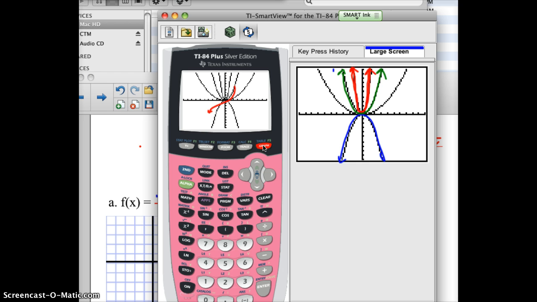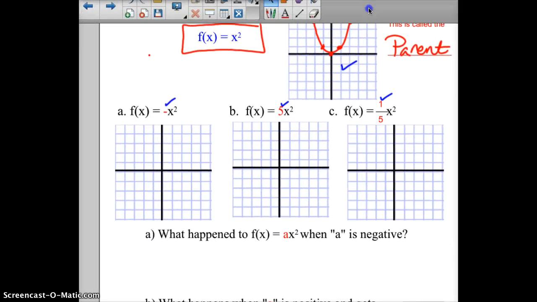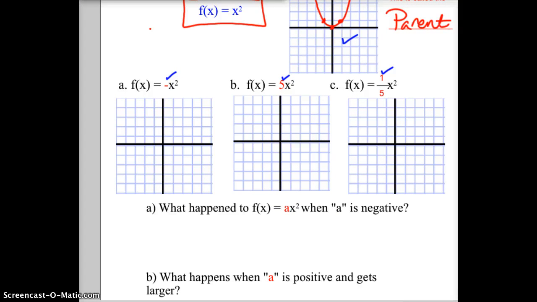So let's go back here to our notes and see if we can figure that out. So it says right here, when we put the negative in front of it, it just really tipped the parent function over, or tipped it on its head. So when a is negative, it seems like it just flips the graph over.